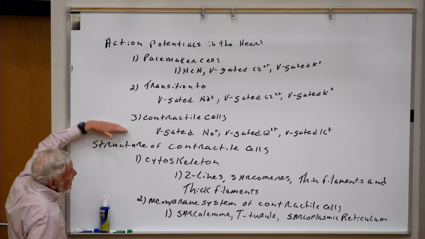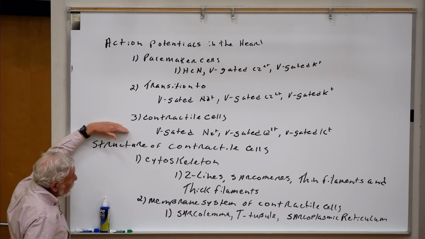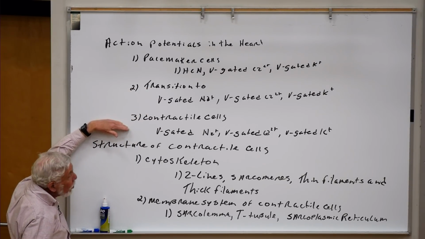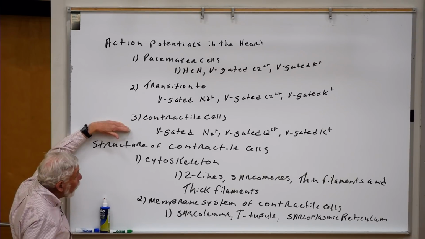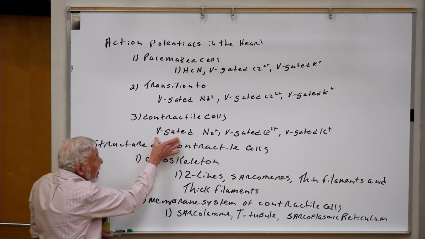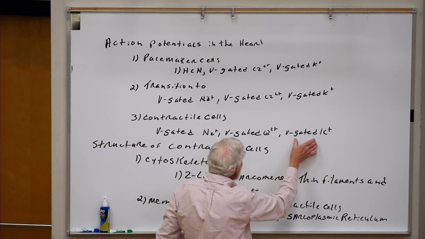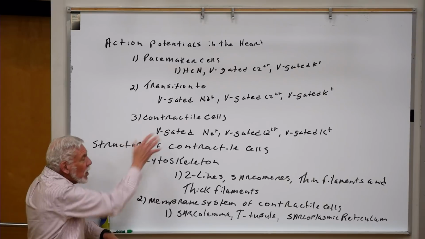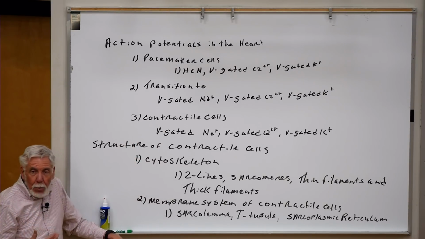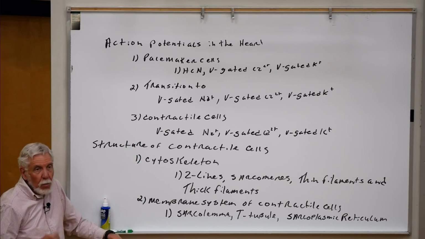By the time we get into the contractile cells, by the time we get all the way down into the cardiomyocytes involved with generating force, we see almost entirely voltage-gated sodium channels, voltage-gated calcium channels, and voltage-gated potassium channels. And this now generates a shape of an action potential that's different than any one we've seen before.